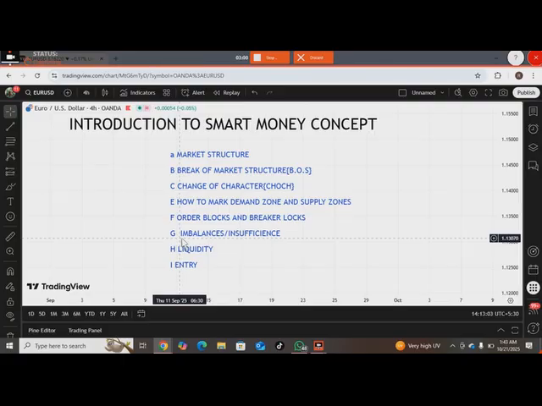So today we are going to learn about market structure. Any trader who wants to trade using this smart money concept must first understand the market structure.